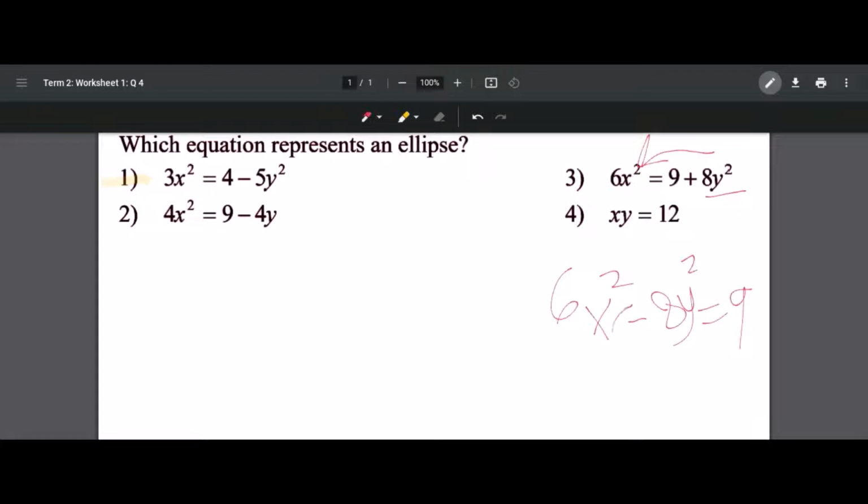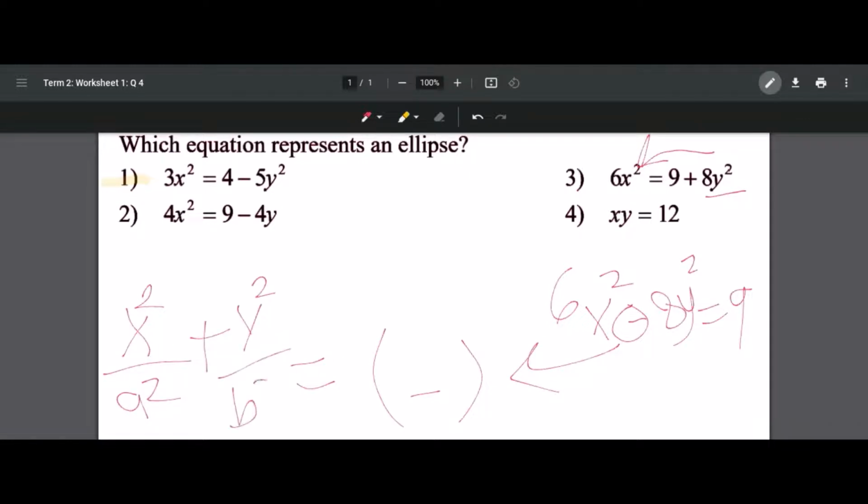This is not the equation of an ellipse because we have a minus here. It doesn't match the equation of an ellipse, which is x squared over a squared plus y squared over b squared.